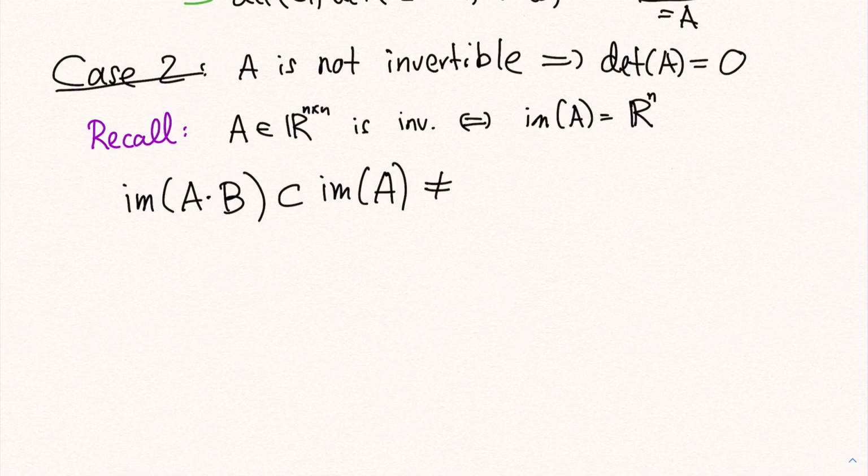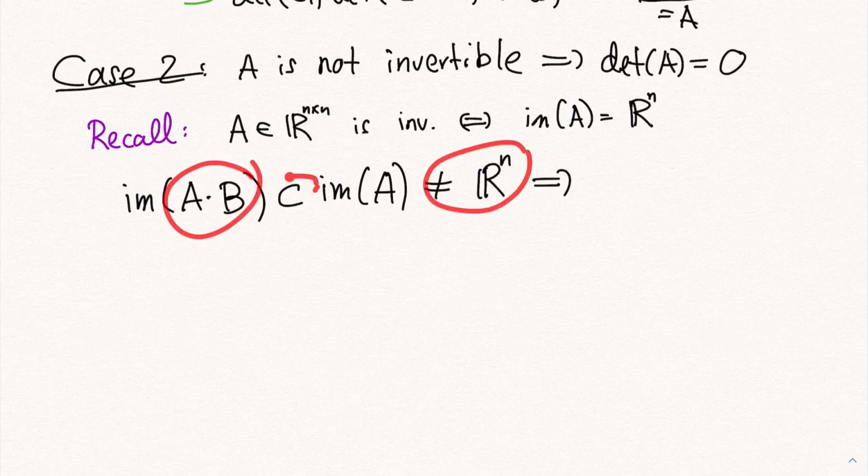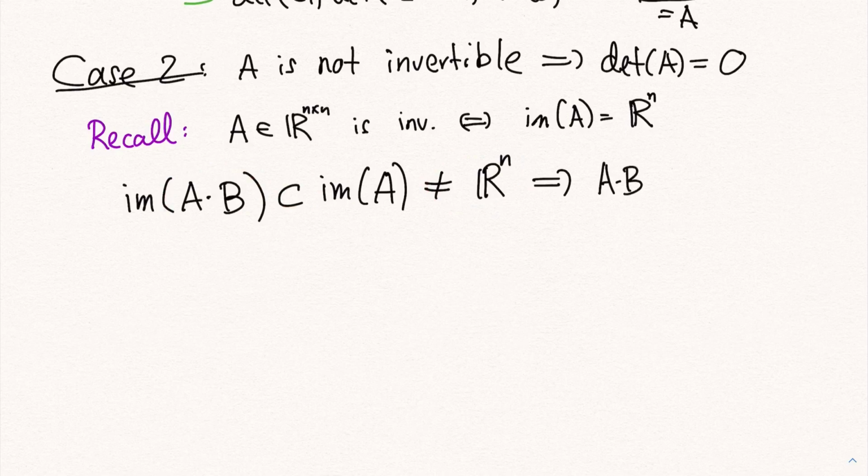But in this case A is not invertible, and therefore the image of A is not the whole space. But this also means that the image of A times B is not the whole space, because this is contained in the image of A, and therefore A times B is not invertible.